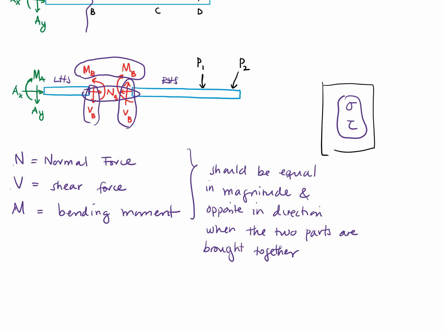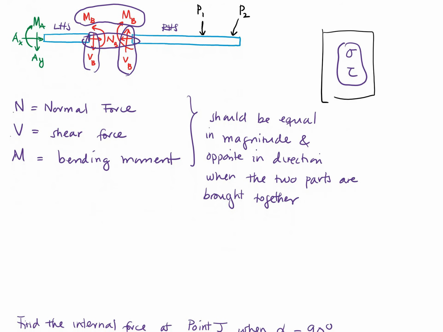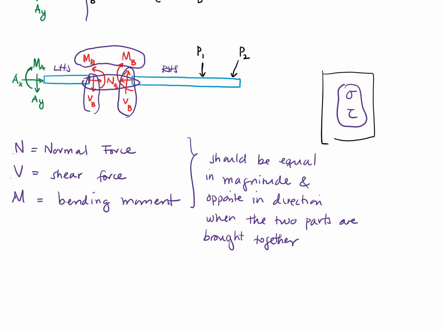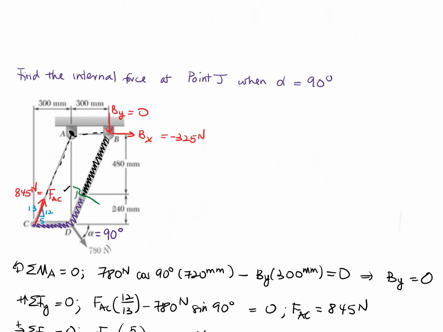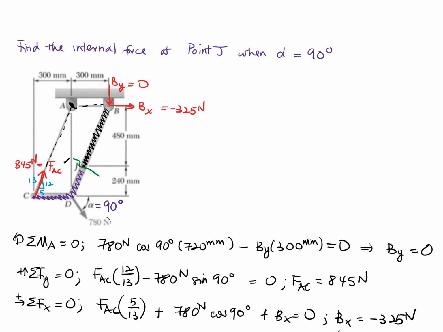Normal force, which is perpendicular, shear force, which is parallel, and then bending moment, which is obviously a moment, so it's either counterclockwise or clockwise. Now remember that whichever side you pick, both of them must add up to equal 0. So V sub B going down and V sub B going up should end up being equal to 0, and that's what causes equilibrium.